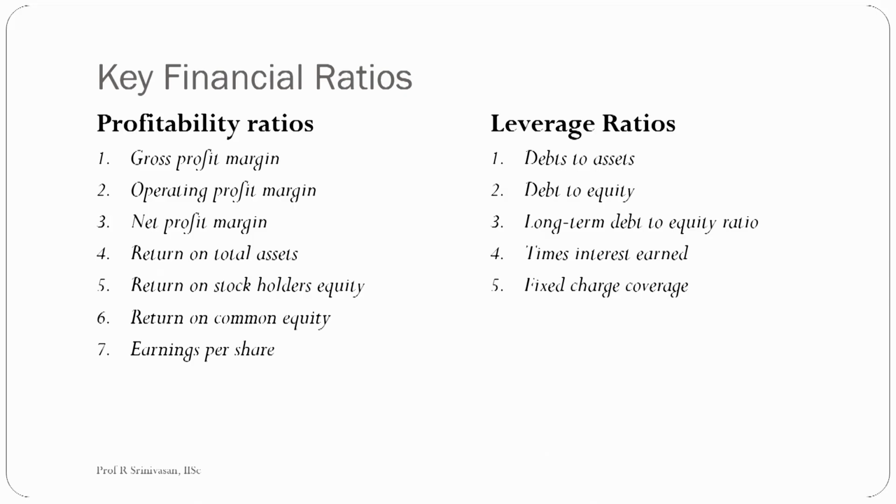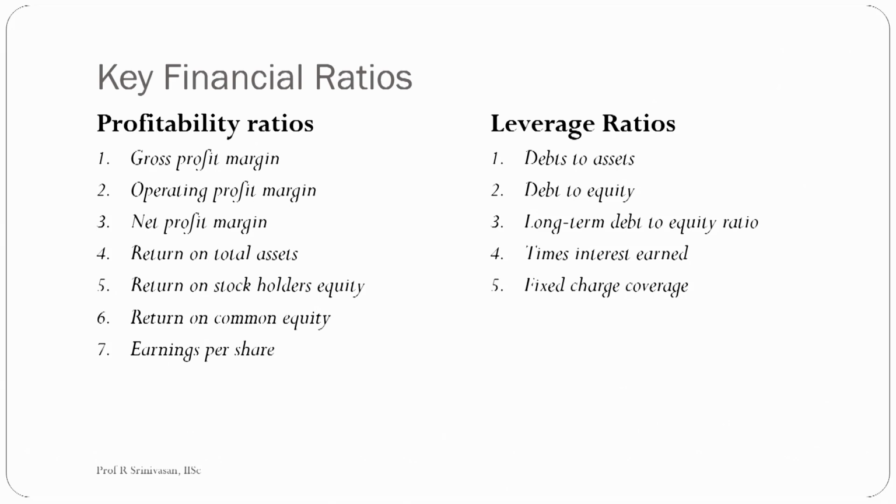So, how do you calculate this earnings per share? This earnings per share refers to profits after tax minus the preferred stockholders' dividends, divided by the number of shares of the common stock outstanding.